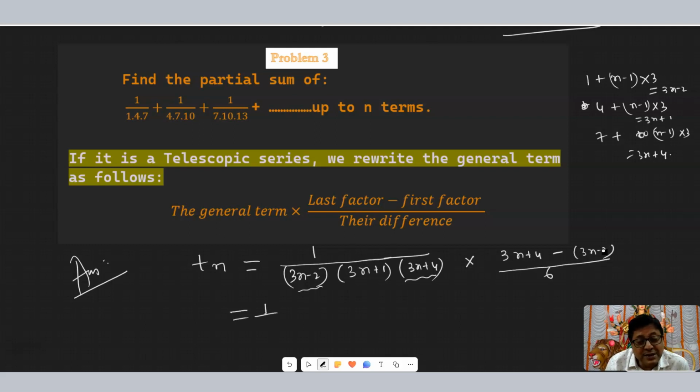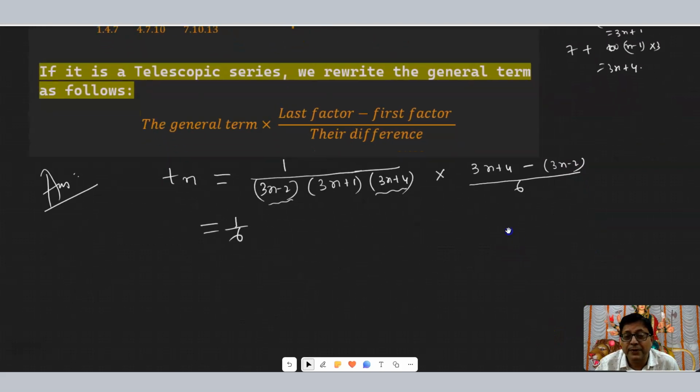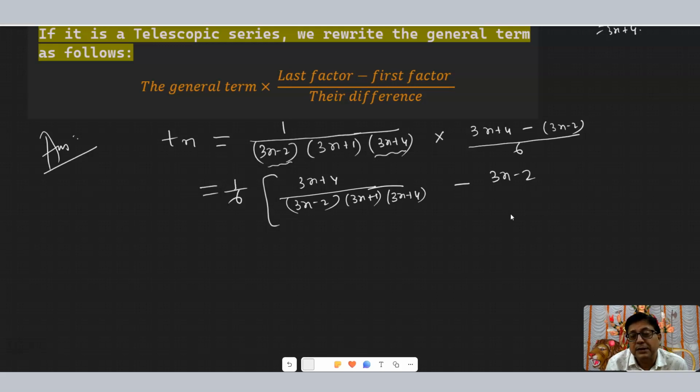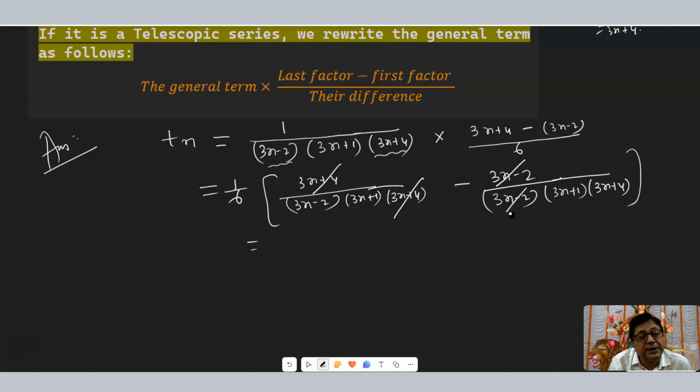Now keep 1 by 6 outside. Okay. Then this you write as 3n plus 4 minus 3n minus 2 divided by 3n minus 2, 3n plus 1, 3n plus 4. So 3n plus 4 and 3n minus 2 get cancelled in the factors.